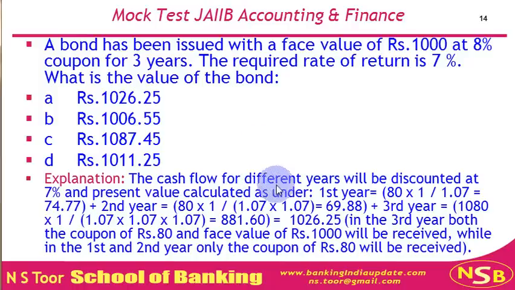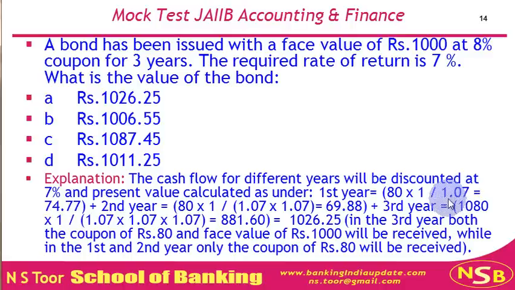So the cash flow for different years will be discounted at 7% and present value calculated as under. So in the first year 80 rupees will be received at 7% rate of interest. The discounted value shall be 74.77. So coupon amount divided by 1 plus R raised to power n.